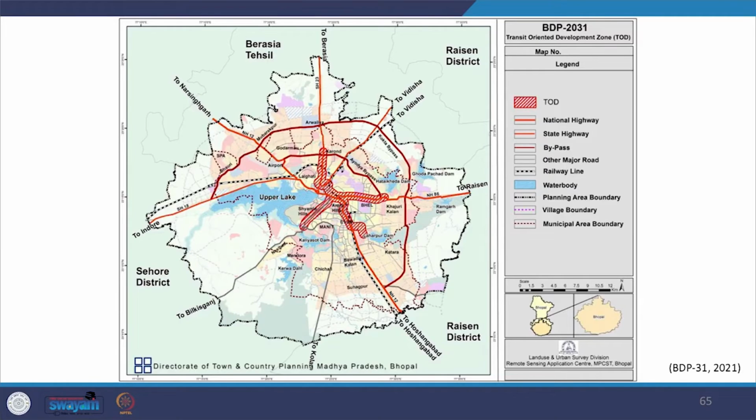Further, in the development plan, we see that zones for transit-oriented development have been provided. In order to promote compact transit-oriented development in the city and to integrate the land use and transportation interface, the transit-oriented zone is introduced. This is particular about the development plan here, what has been proposed.